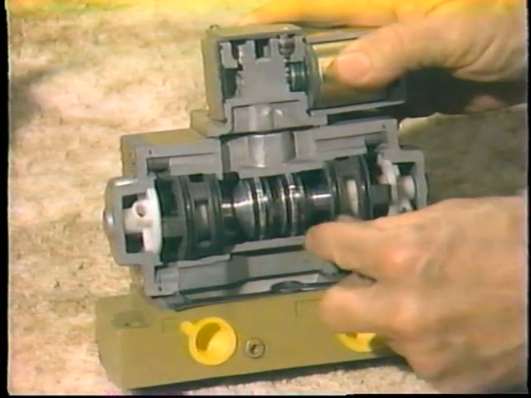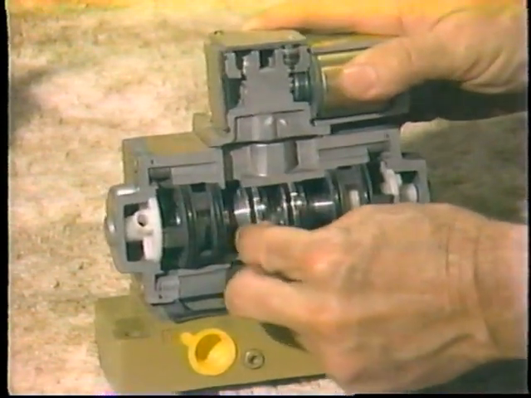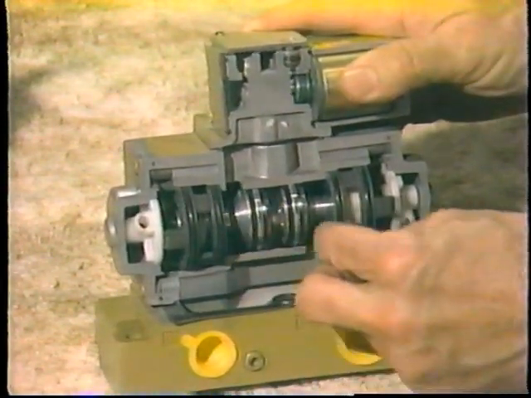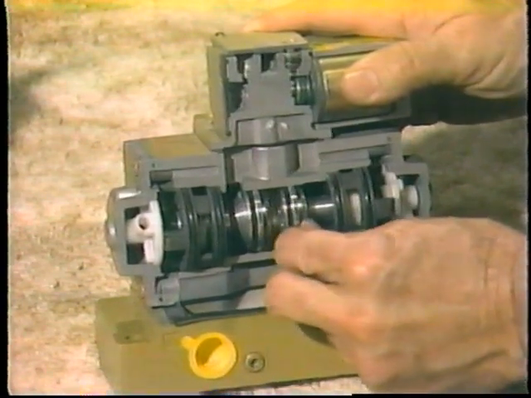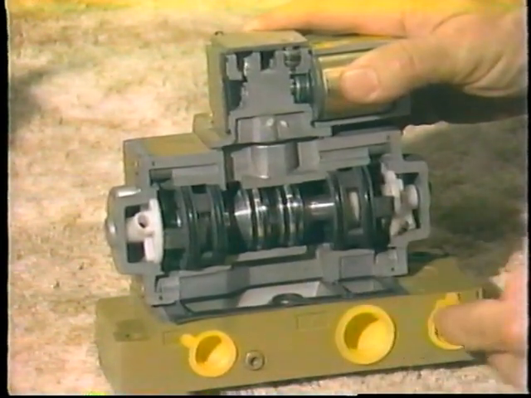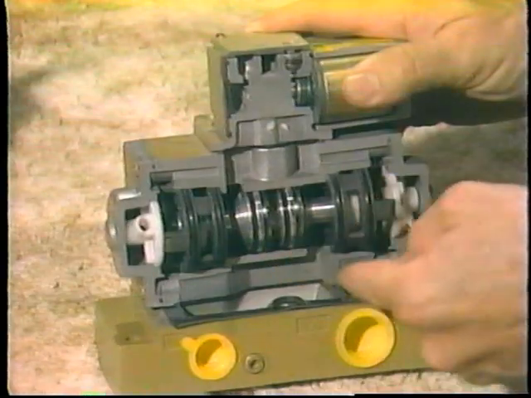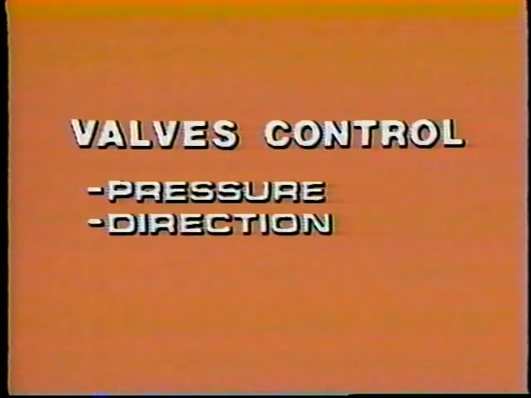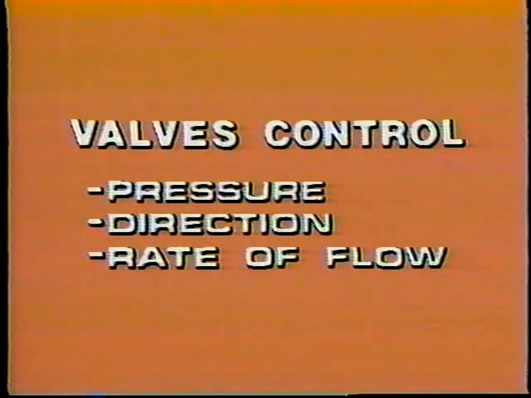Then there is this internal moving part here that controls the flow of air by connecting or disconnecting these passages within the valve body. The valves you've just seen are used in pneumatic systems for three main purposes: to control the air pressure within the system, to direct the flow of air to the various circuit components, or to regulate the flow of air within the system.